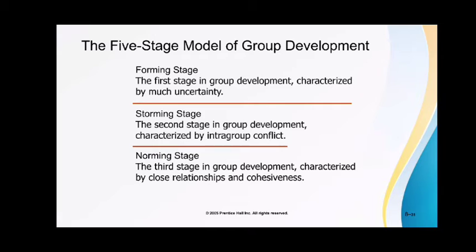Norming stage, the third stage in group development, which is characterized by close relationships and cohesiveness. If teams get through the storming stage, conflict is resolved and some degree of unity emerges. In the norming stage, consensus develops around who the leader or leaders are, and individual members' roles.